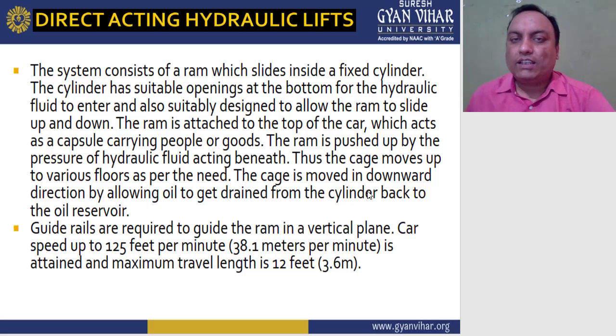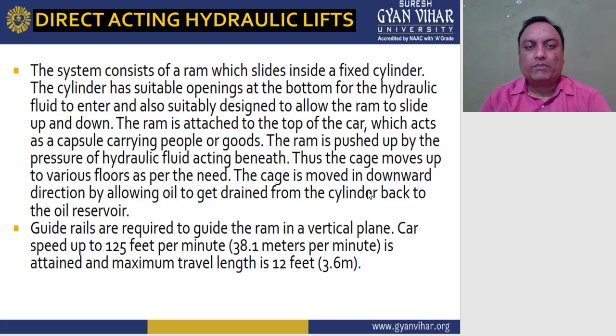So the first is the direct acting hydraulic lift. The system consists of a ram which slides inside the fixed cylinder, and the cylinder has a suitable opening at the bottom for hydraulic fluid to enter and is also suitably designed to allow the ram to slide up and down.